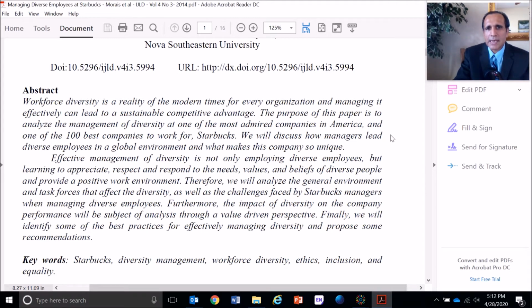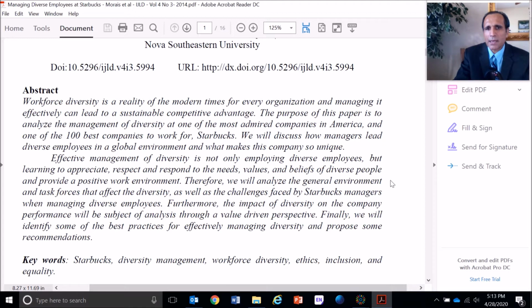We will discuss how managers lead diverse employees in a global environment and what makes this company so unique. Effective management of diversity is not only employing diverse employees, but learning to appreciate, respect, and respond to the needs, to the values, and to the beliefs of diverse people and provide a positive work environment for them.